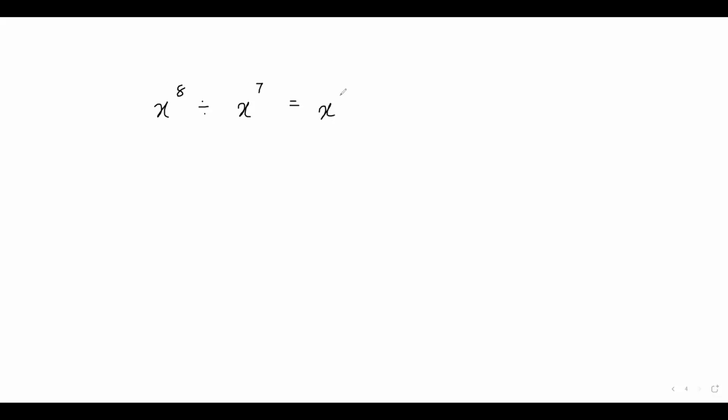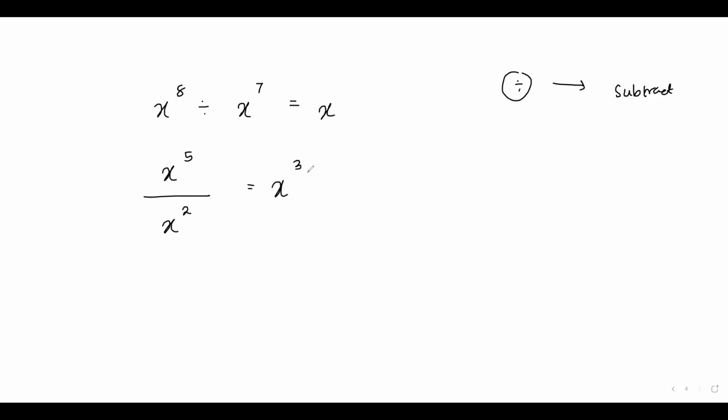It's just x because we don't usually write the 1. Whenever it's a division, what's the operation you do? Subtract. If it is x to the power 5 over x to the power 2, same rule, but it's given as a fraction.